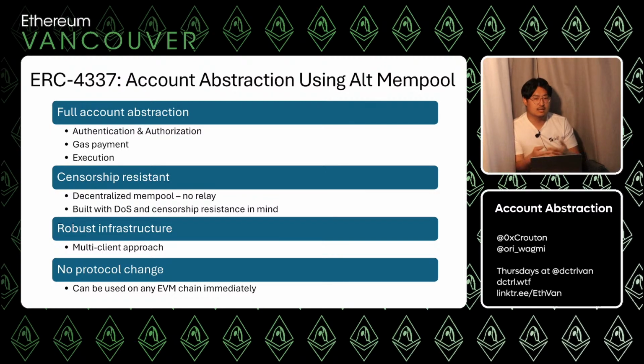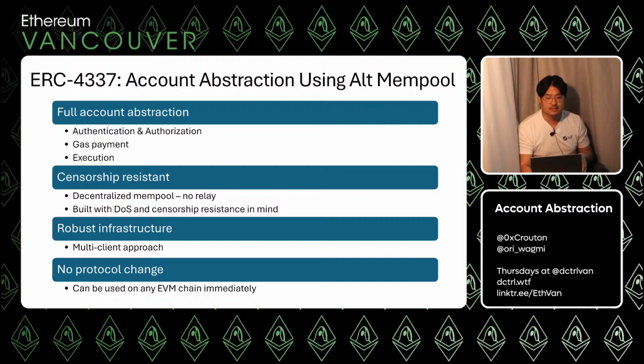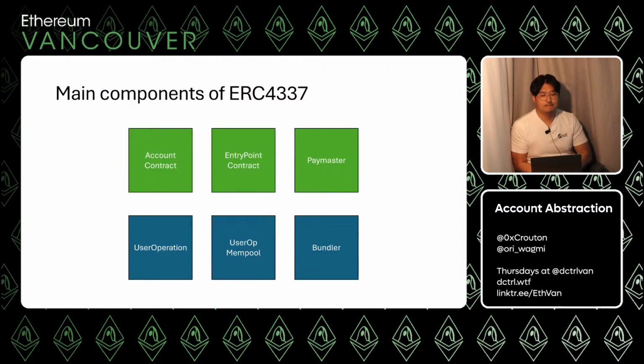So that gives us client diversity on day one, like the client diversity we're working towards for Ethereum validators on the Ethereum blockchain. And lastly, no protocol changes. This can be adopted by any EVM chain immediately, which is why we can start doing it today.